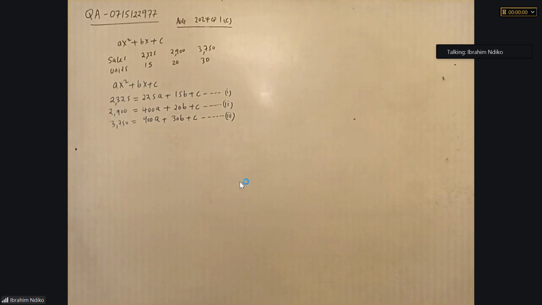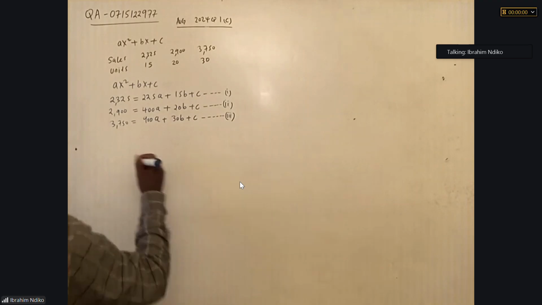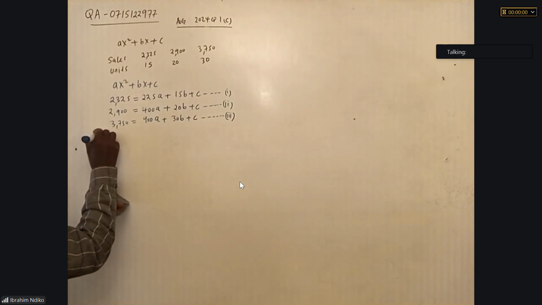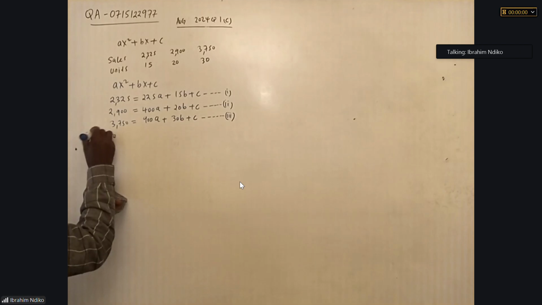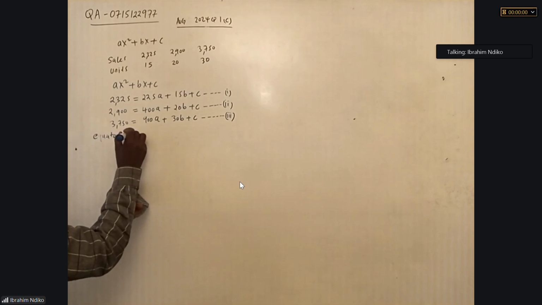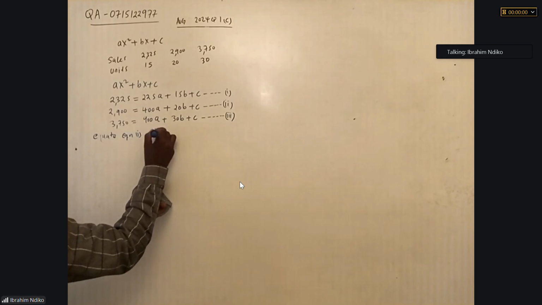Now we need to equate equations 1 and 2, and 2 and 3. So how do we get them? Let us start with equations 1 and 2.